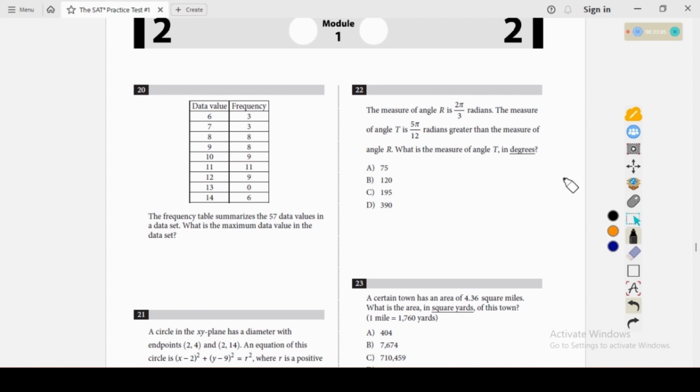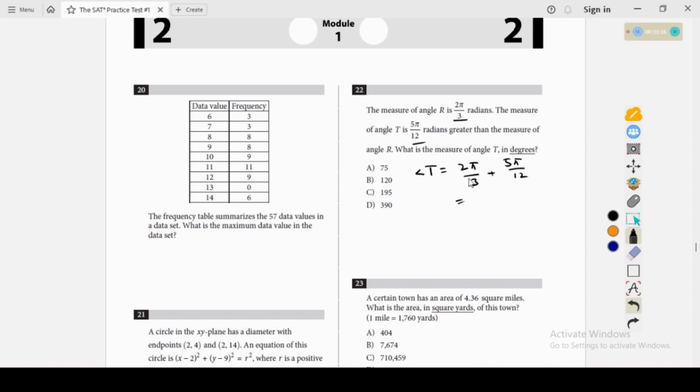In question number 22, the measure of angle R is 2 pi by 3 radian and the measure of angle T is 5 pi by 12 radian greater than the measure of angle R. What is the measure of angle T? To find angle T, we just have to add these two values. 2 pi by 3 plus 5 pi by 12.